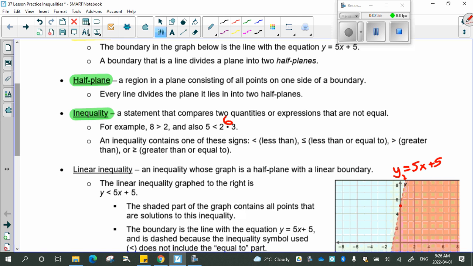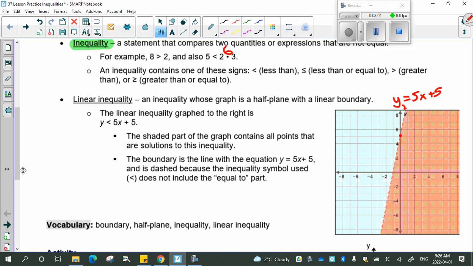A linear inequality is an inequality whose graph is a half plane with a linear boundary. So what we're showing here is the linear inequality y is less than or equal to 5x plus 5. That's what's shaded in red. And you guys, it'll be shaded in gray, I guess.